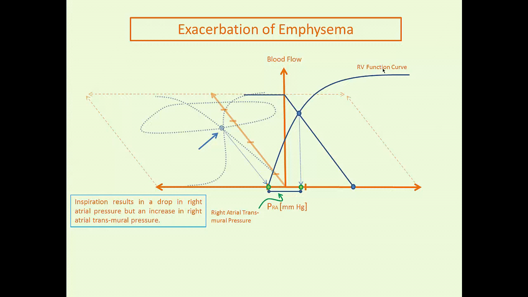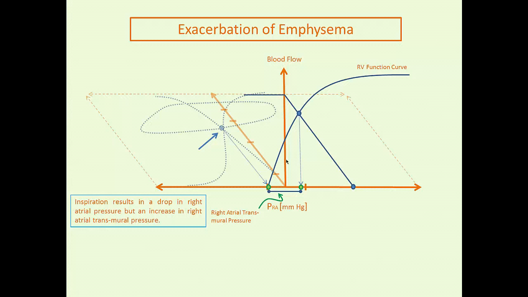And that is, the cardiac function curve describes how much forward flow you get. In this situation, it's the right ventricular cardiac function curve, but it describes how much forward flow you get on the y-axis here for a given intraluminal right atrial pressure.